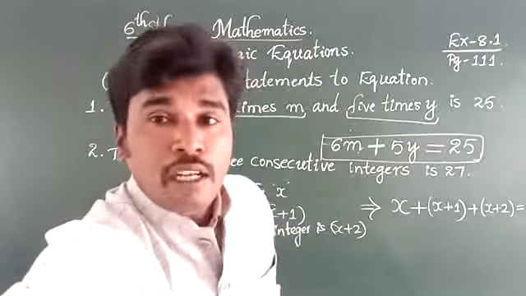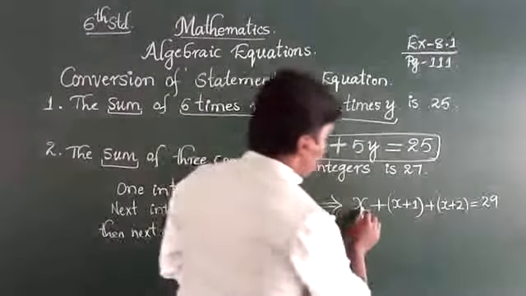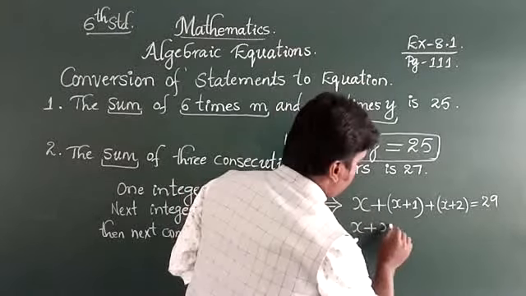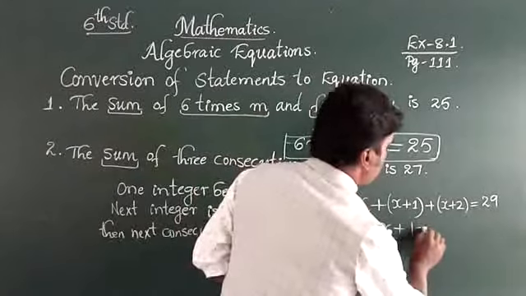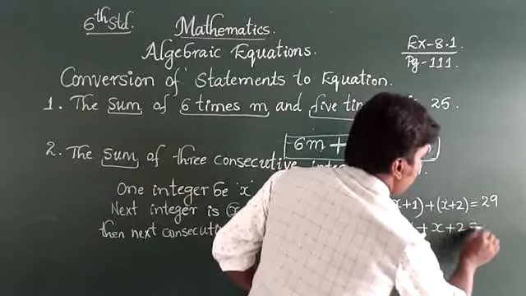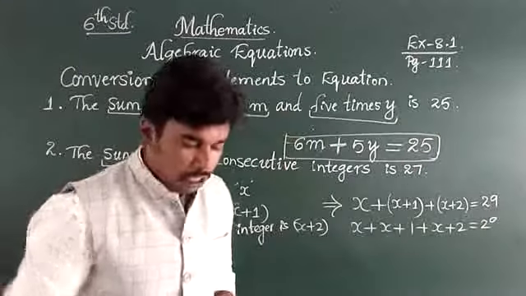Dear children, you can simplify this equation. x plus x plus 1, without writing brackets, plus x plus 2 is equal to 27, as given in the question.